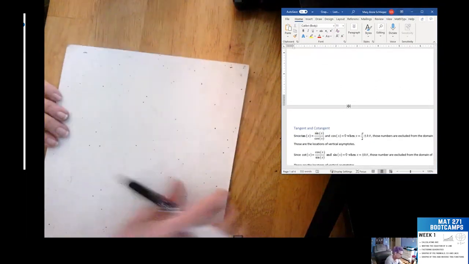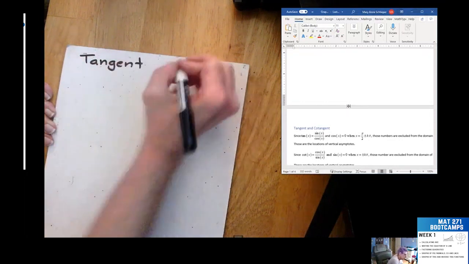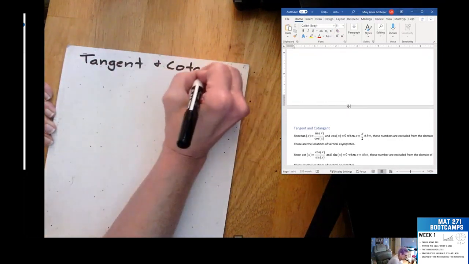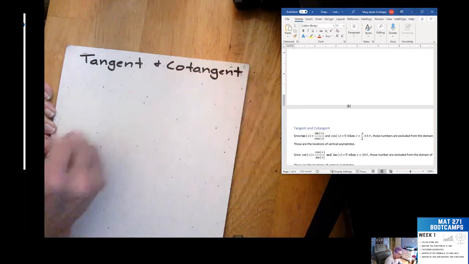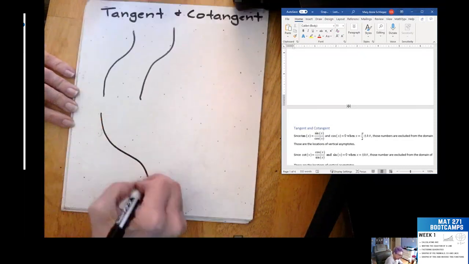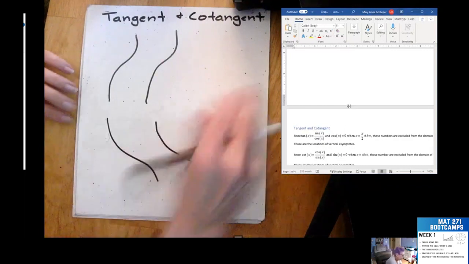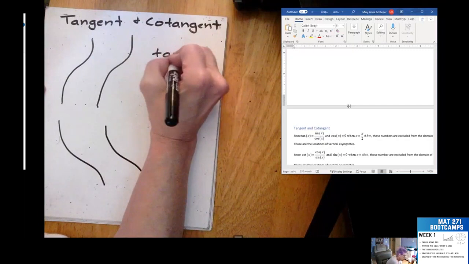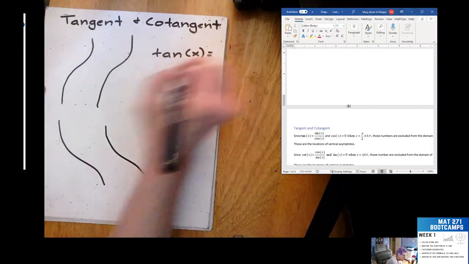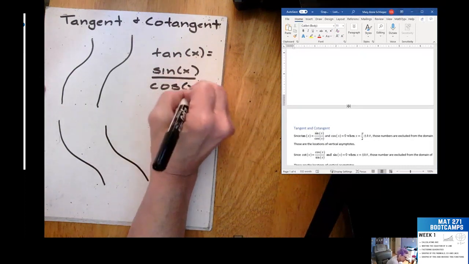Tangent and cotangent. I don't generally memorize what those graphs look like, except I do know that they have a lot of vertical asymptotes. I know their general shape is like this and like that. I know that tangent is equal to sine of x over cosine of x.